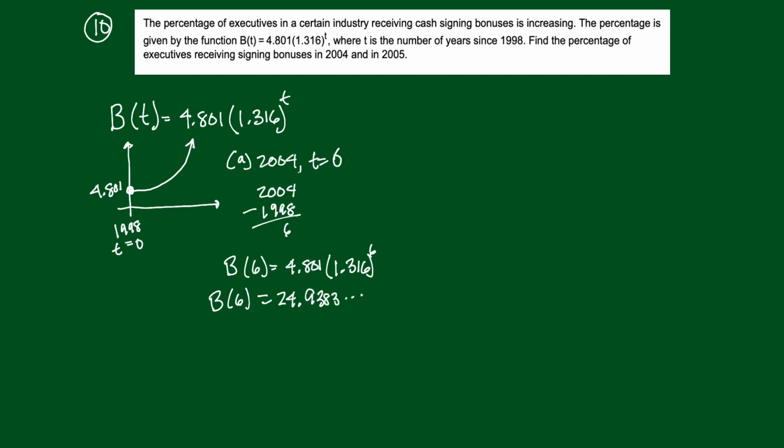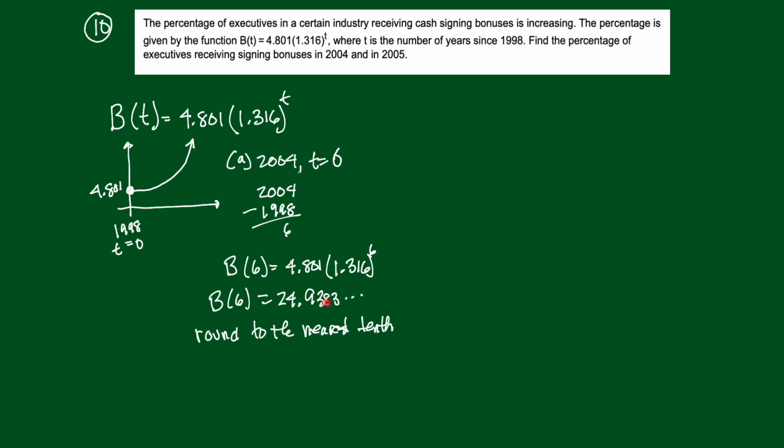Now my calculator says that b of 6 is equal to 24.9383, and it keeps on going, but we're supposed to round, according to the instructions, to the nearest tenth. Here's the tens, here's the ones, here's the tenth. Look to the right, that's a 3, which is below 5.